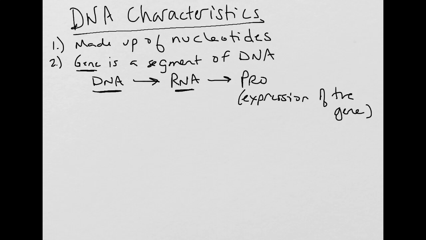Okay. So how does DNA code for something as different as a membrane protein or eye color? So what is important there is the base sequence.